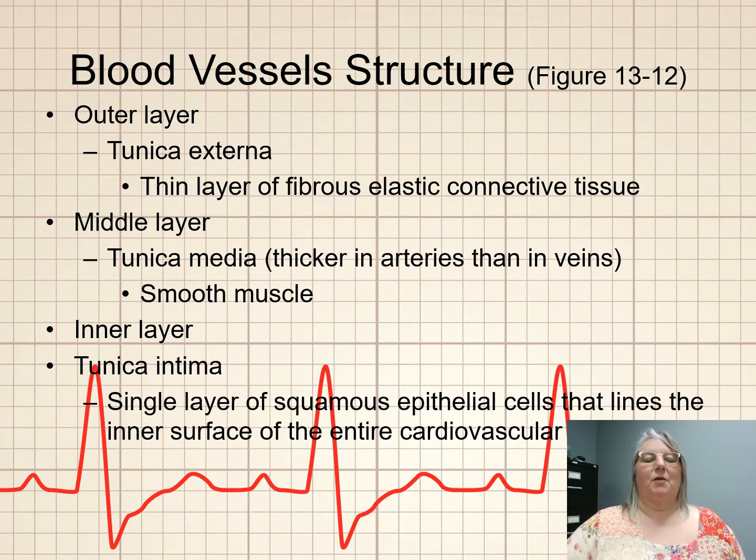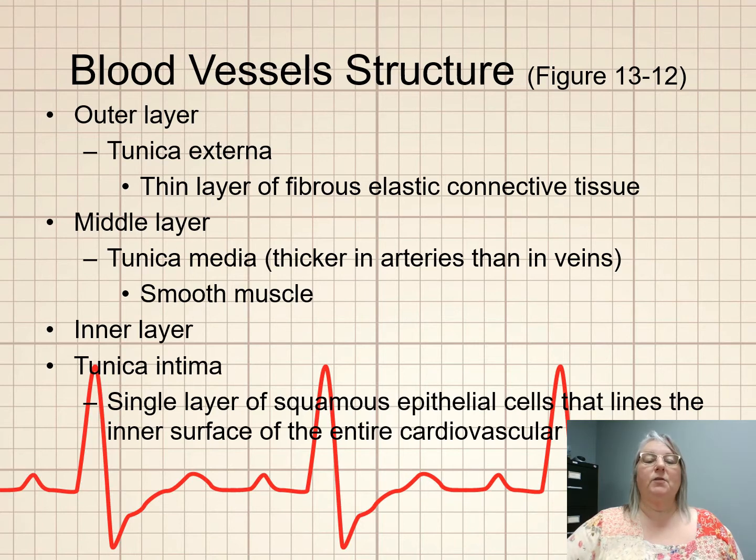Blood vessel structure. The blood vessels have 3 layers. They've got an outer layer, which is the tunica externa. You should be able to remember that because it's the external one. And it's a thin layer of fibrous elastic connective tissue. Then you have a middle layer, which is thicker in the arteries than in the veins, and it's the tunica media.